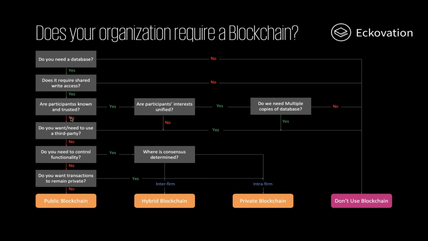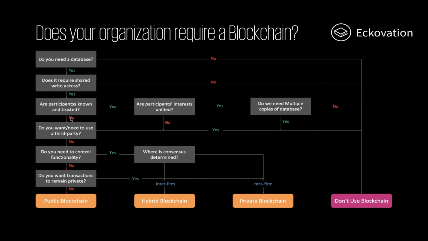So now when you don't need a third party, when you need multiple copies of the database, when you feel the participants are not trustworthy, the other parameter you need to see is, do you need the control of the functionality or not? So if you wish to create a network where you want the control of the functionality or not.